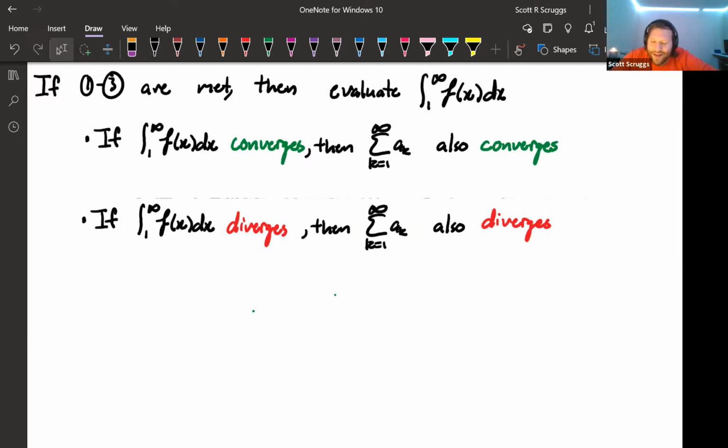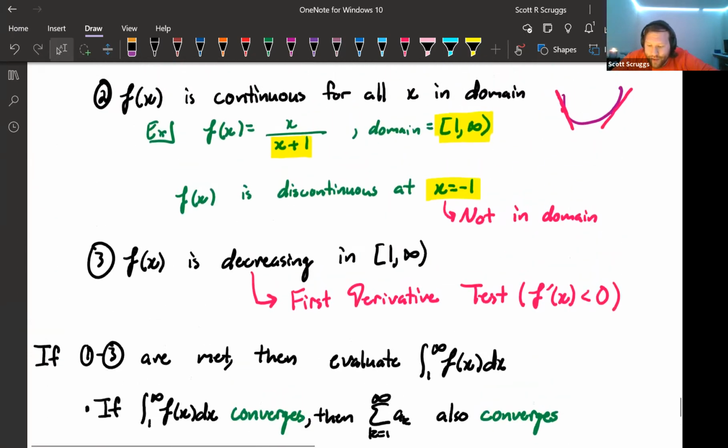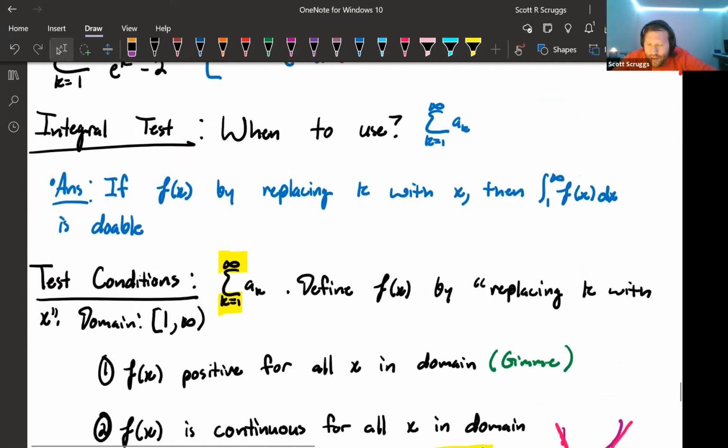Now, like I said, this is a lot of work to verify to do the series on one particular test. That's why my suggestion is, say you see a series out of the blue, to only even think about using the integral test if that improper integral is very doable, meaning it's not super complicated.